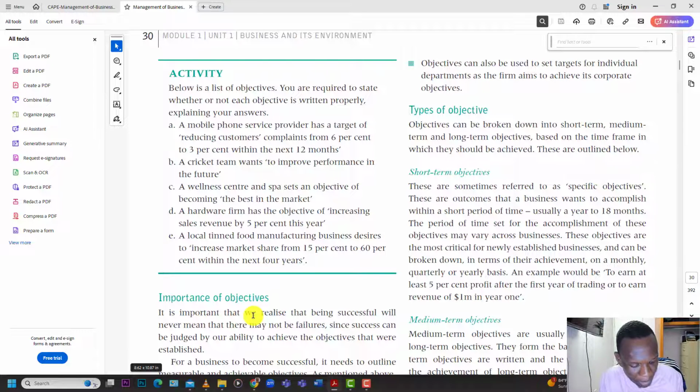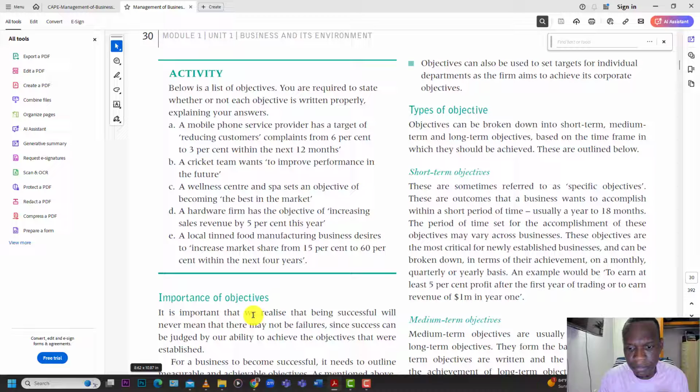If one department achieves theirs, the second one, the third, then together, the overall organization will be achieving its overall goal. So that's one way that objectives can be used to help the overall company reach its target through subsystems, through different departments. So those are some reasons why objectives are important. This is just FYI.